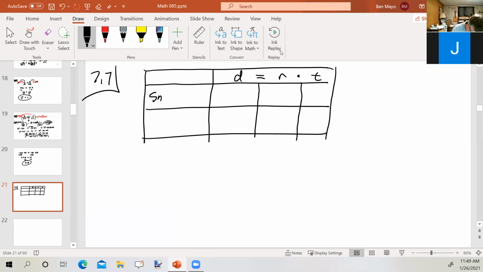It's a snowmobile. This says 4x4 truck. And we're told that this is R. This is R minus 5. This is 4, and this is 3.